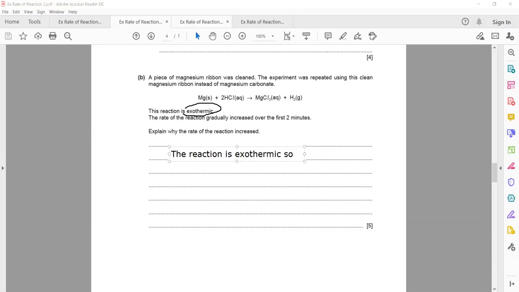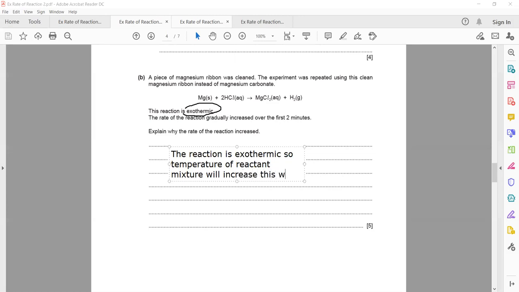So energy is given out, temperature of the mixture will increase.